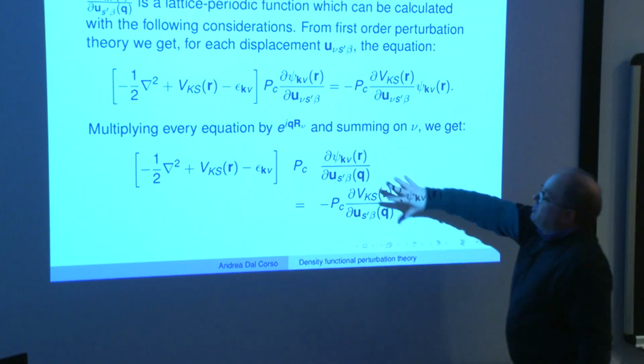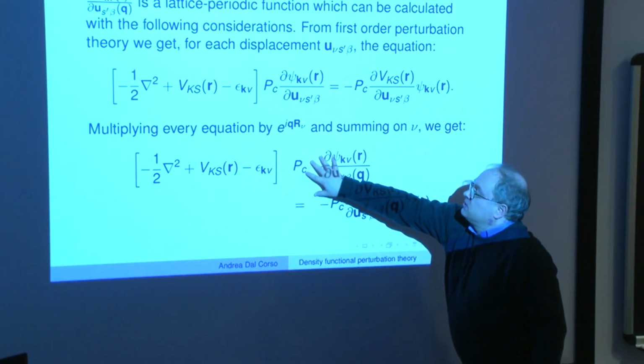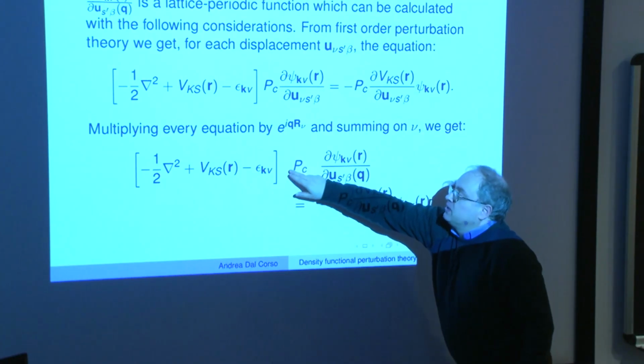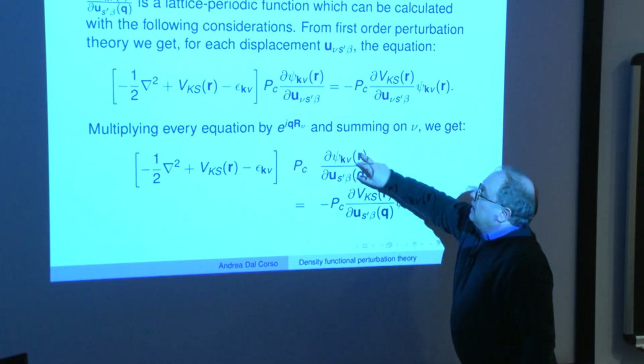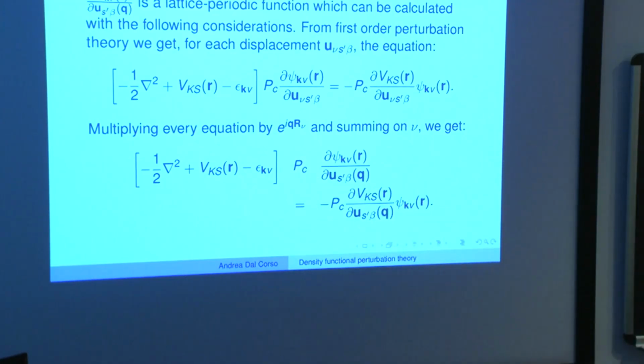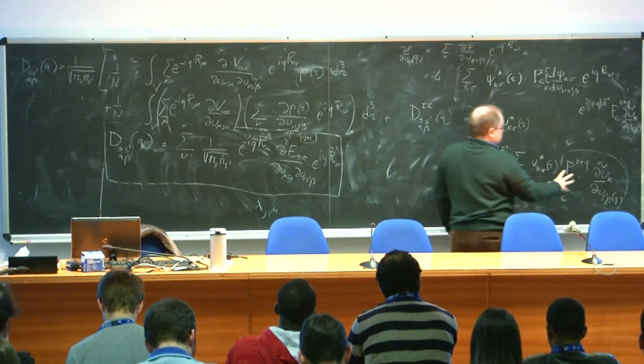And this is the same object that was in the charge density, so it will become e to the i (K plus Q) R, multiplied by a periodic part, the object that we have here in the charge density.